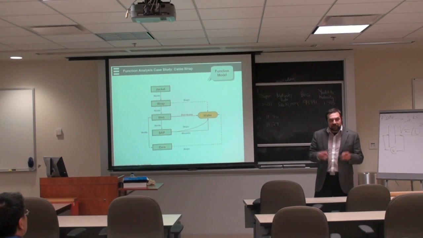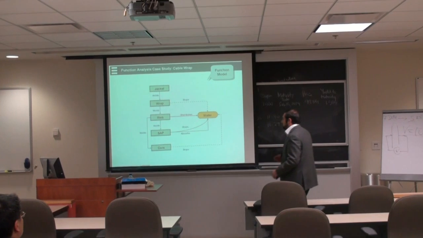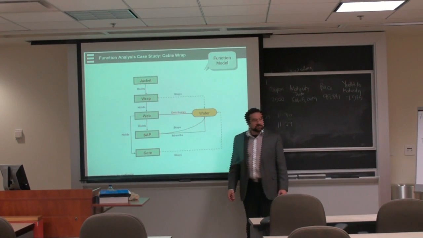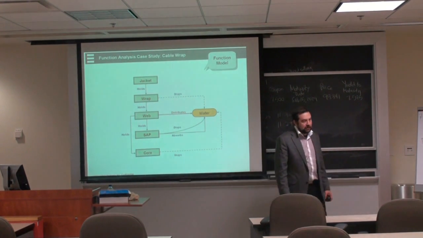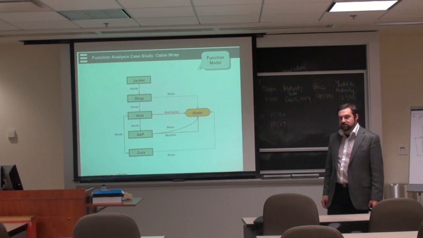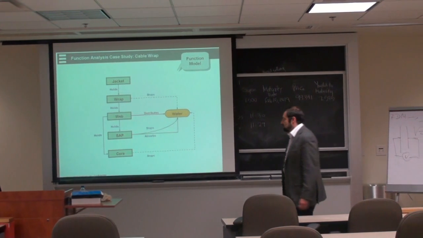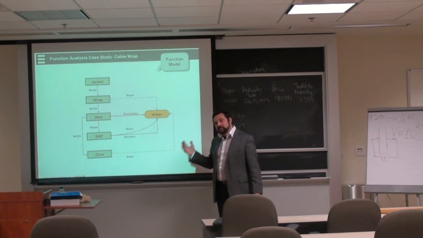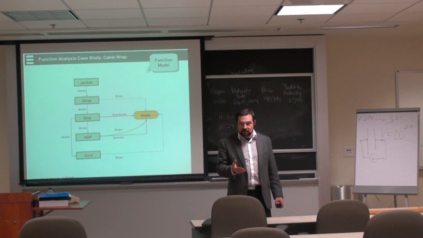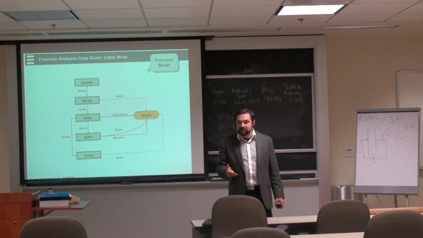No. We never thought about that, that the web distributes water. This is our problem that we need to focus on. So the goal of function analysis is, in a structured way, to help us find different problems that we haven't had before.